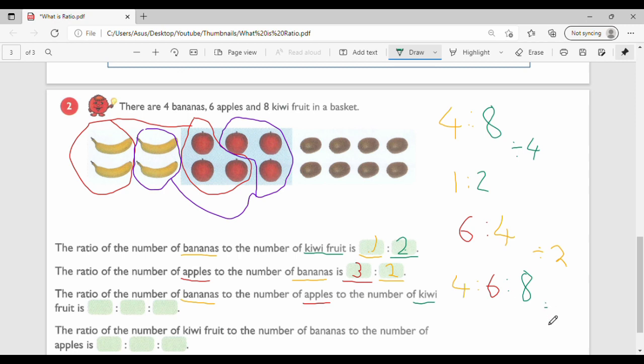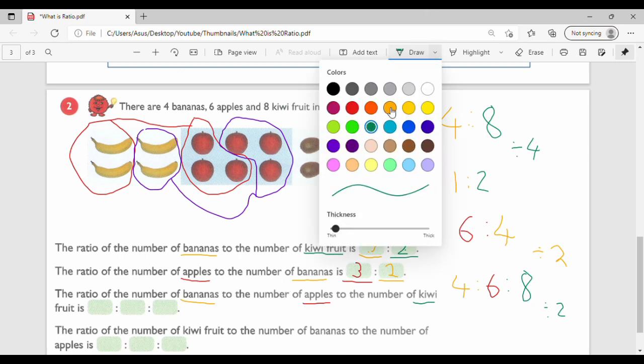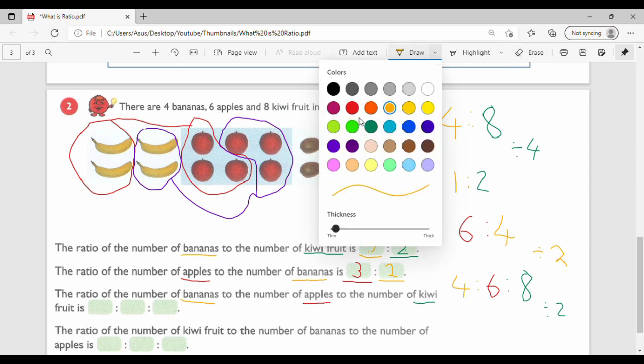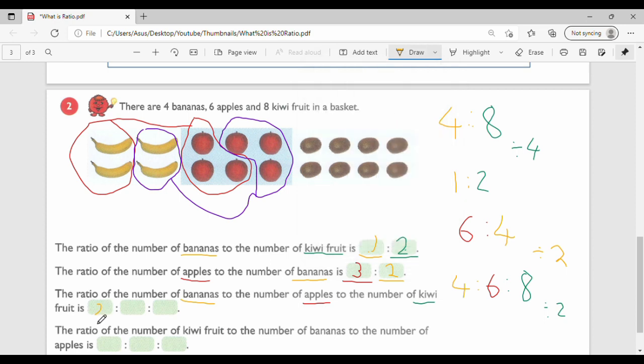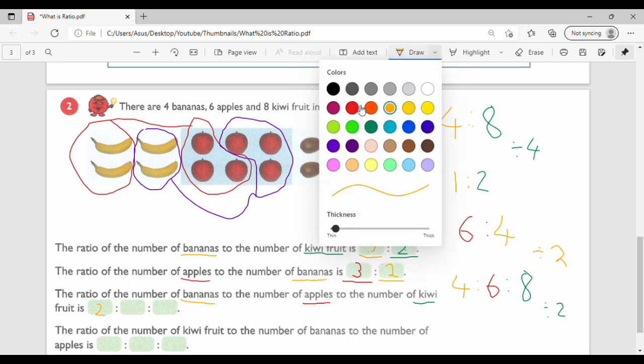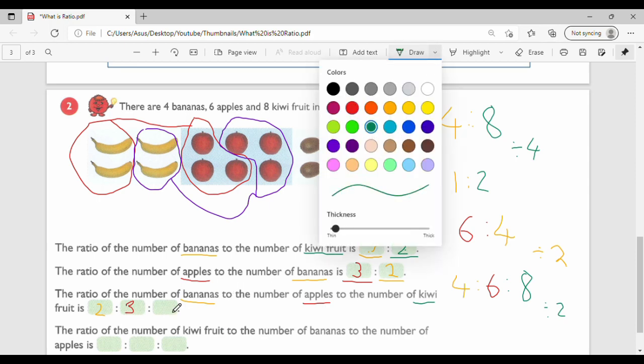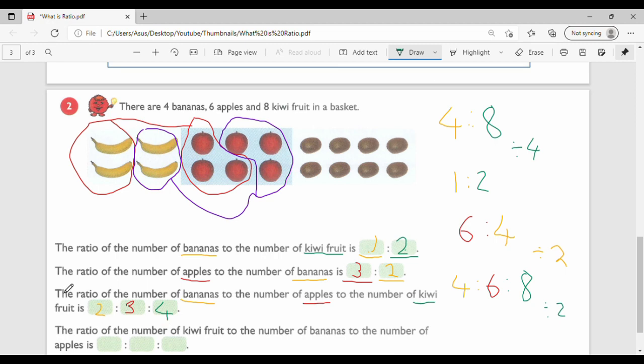So we have to divide them by 2. That's going to give us a ratio of bananas to apples to kiwi fruit of 2 to 3 to 4.